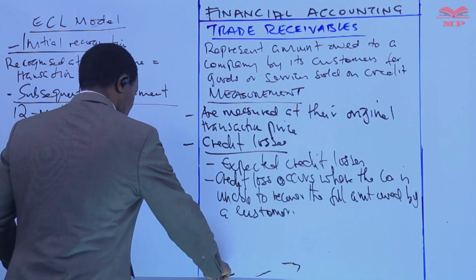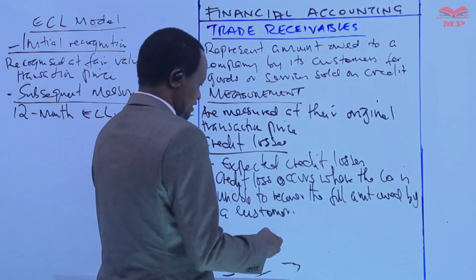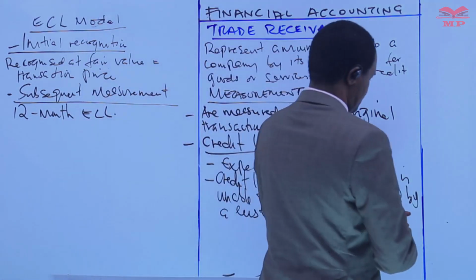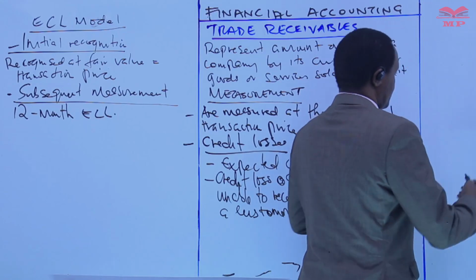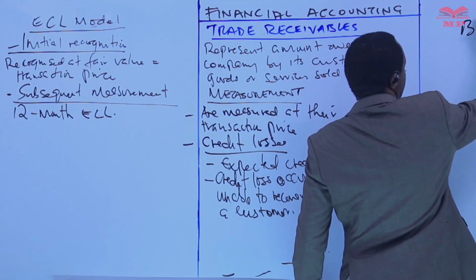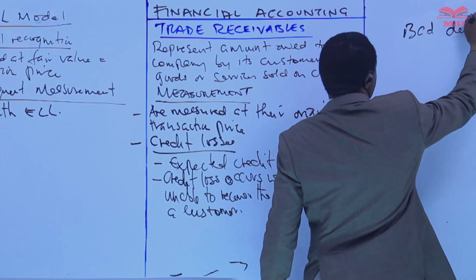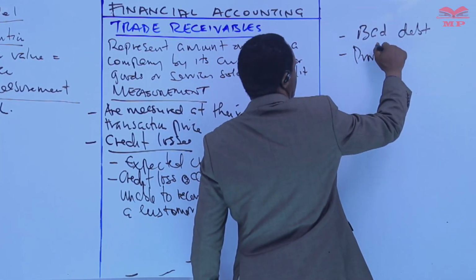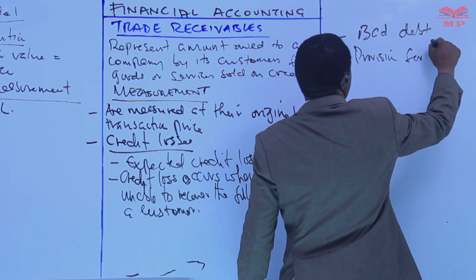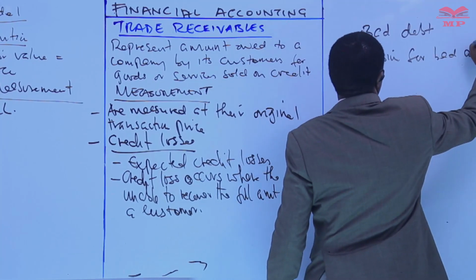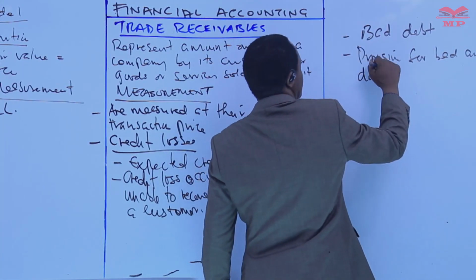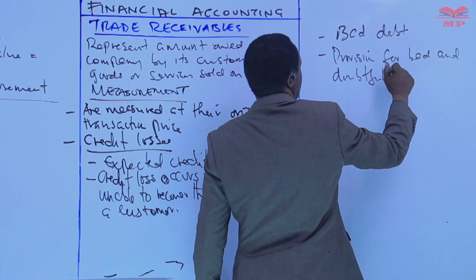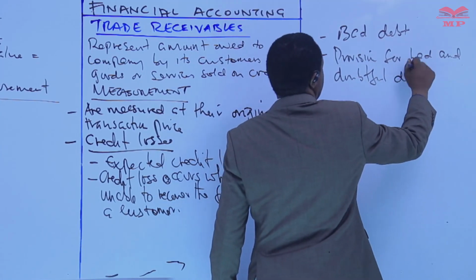Then we have provision for bad and doubtful debts. I've explained what a bad debt is. Then you will come across provision for bad and doubtful debts.